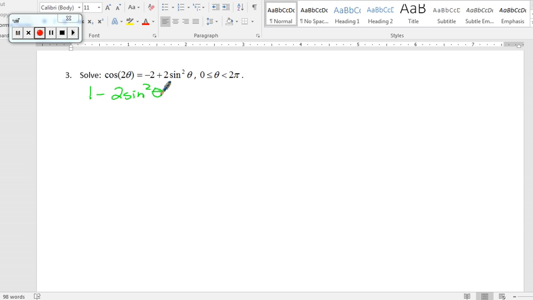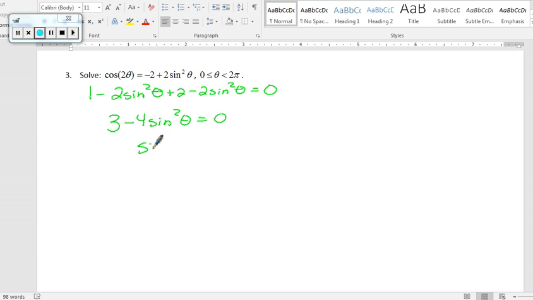At the same time, I'm going to bring every item on the right side over to the left side. This way I have everything set equal to 0. 1 plus 2 would get me a total of 3, and combining up the like terms on the sine squared thetas is going to get me minus 4 sine squared theta is equal to 0.